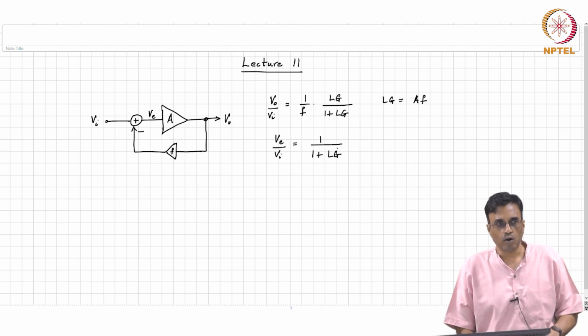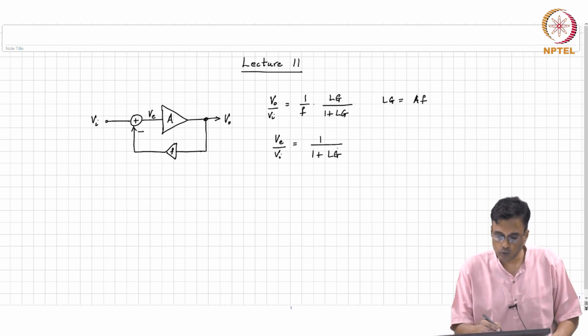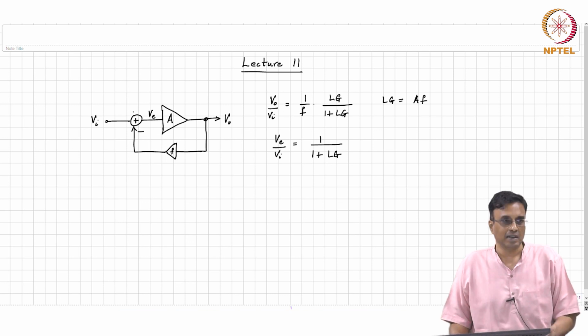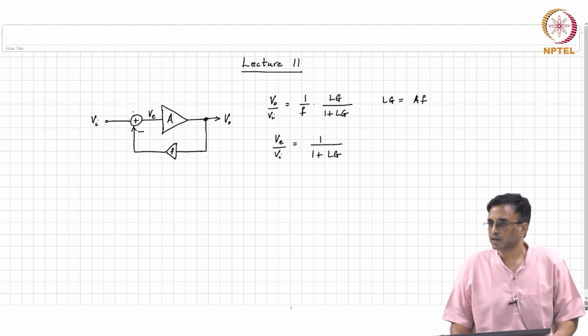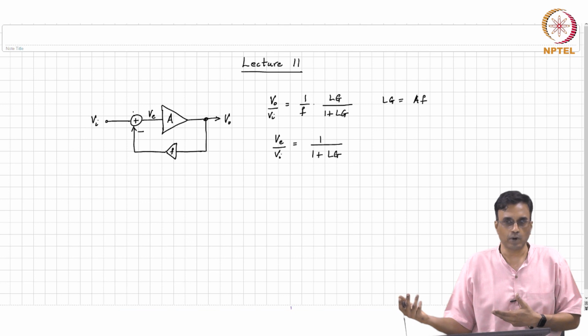Now, if we wanted to realize a gain of 2 using a negative feedback loop, what should F be? F should be half, correct. If F has to be half, what is the easiest way of getting F equal to half? You just use a potential divider.